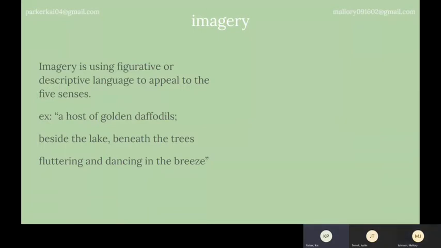So the word golden daffodils, instead of just saying daffodils, you say golden. It really brings about an image in your head. And that's all imagery is, just getting your reader to see what you see, understand what you understand about what you're describing. So fluttering and dancing in the breeze, that's imagery because your reader is understanding exactly what you're seeing.